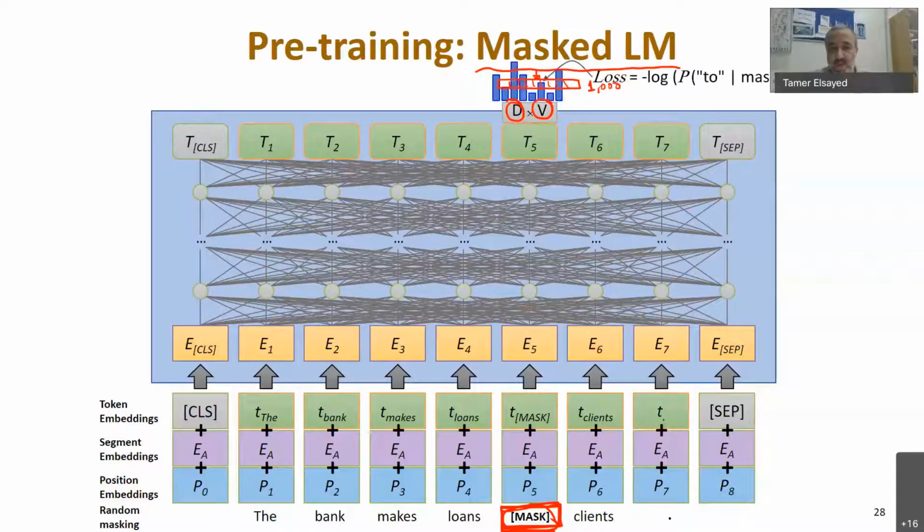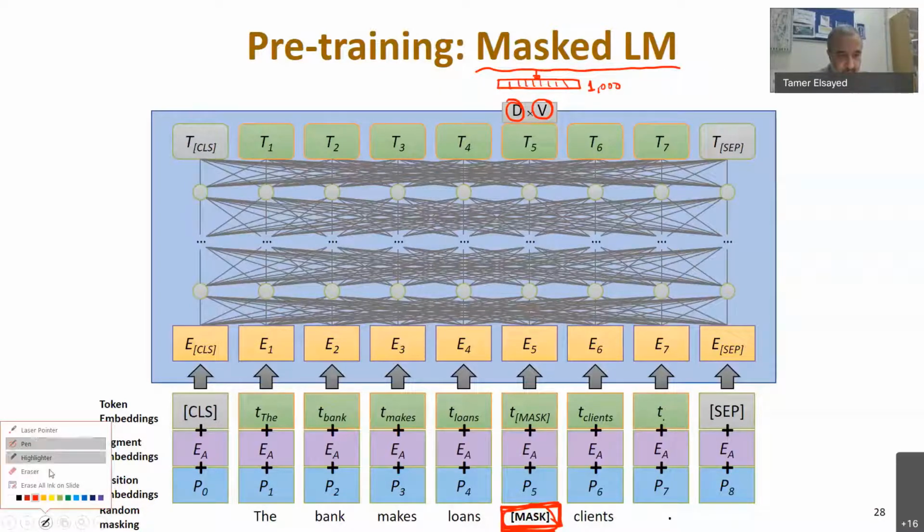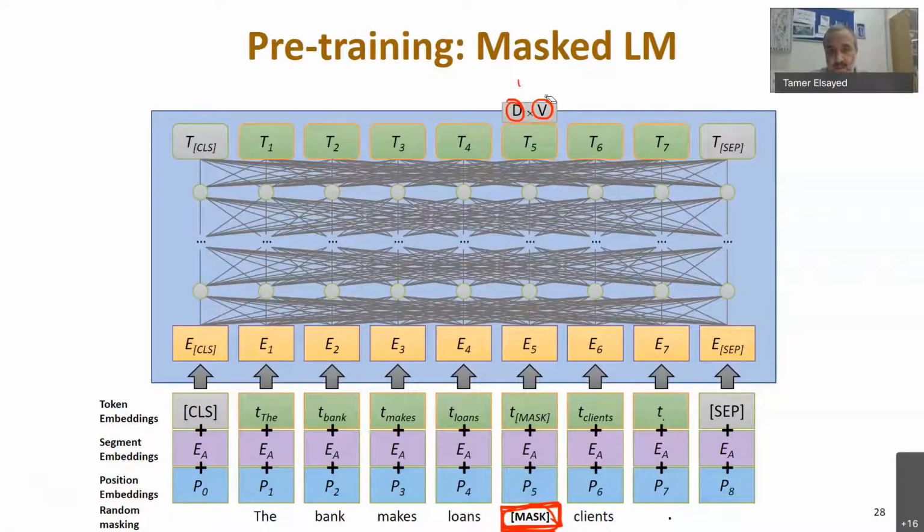So if I get this probability distribution over the vocabulary, and this is of course the maximum one, let's say it is not the true word, then of course the model should be updated.